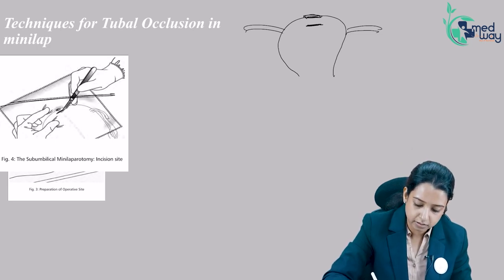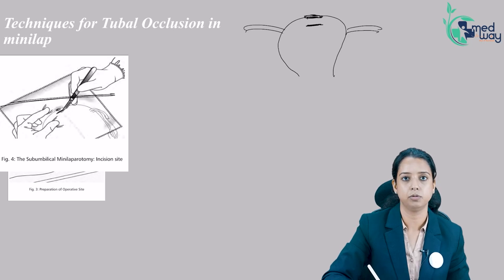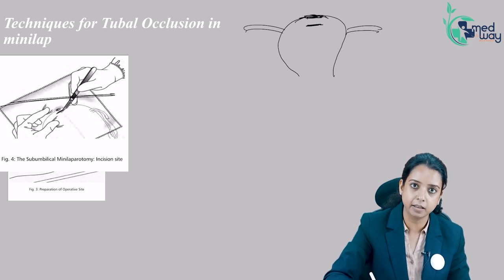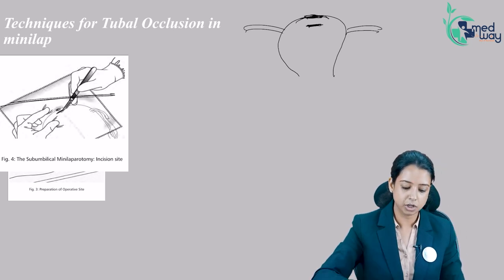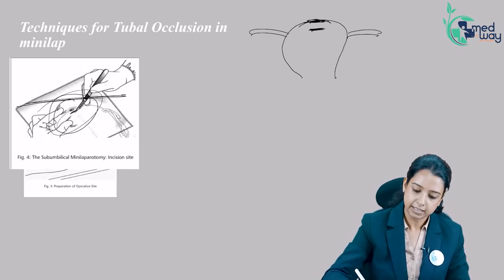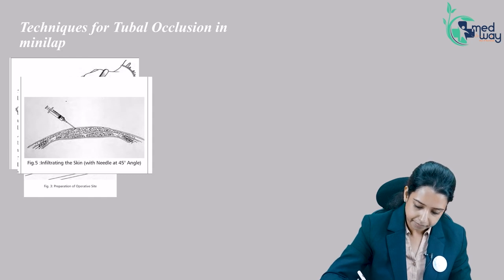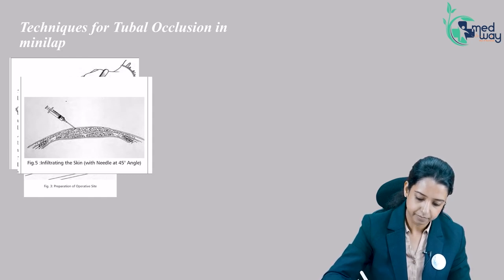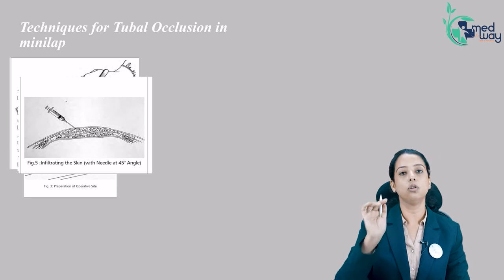Just on the fundus, the tubes will be far away from you. So wherever you have palpated the fundus, make a small incision below the fundus like this. Then give the local anesthesia.